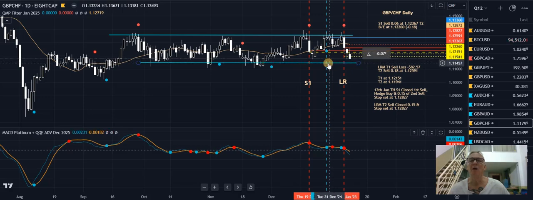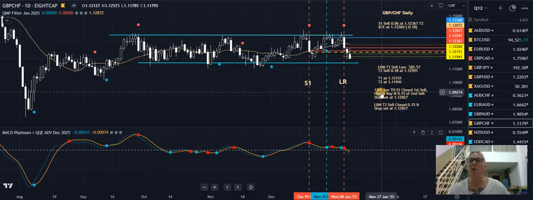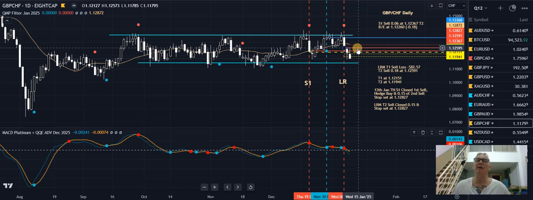So what I'm going to do on sequence 1, on the traditional hedge, is close the first sell, close the hedge buy, and close 0.15 of the second sell. Then I'm going to put a stop in place at 1.12827, where that red line is, just around the M820, so I can't lose.